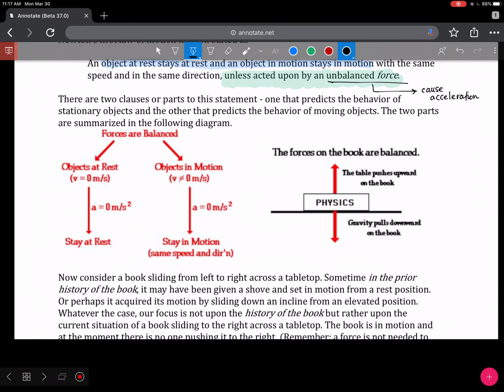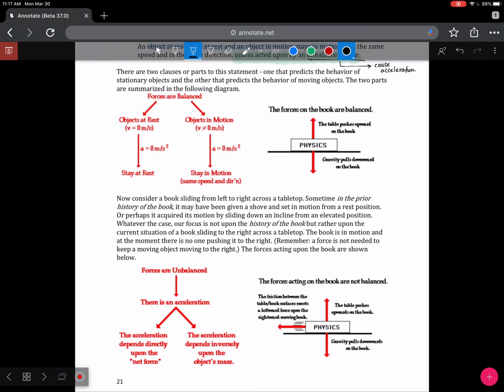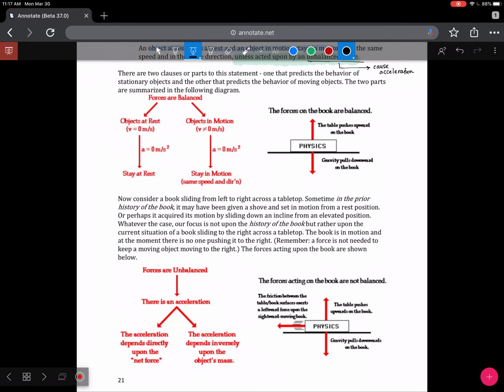Now we have to unpack what that means to be unbalanced. And so when we look at the 2 diagrams below, these 2 diagrams are going to be the 2 physics principles that I established at the beginning. So the first diagram is for uniform motion, and the second diagram is for accelerated motion.